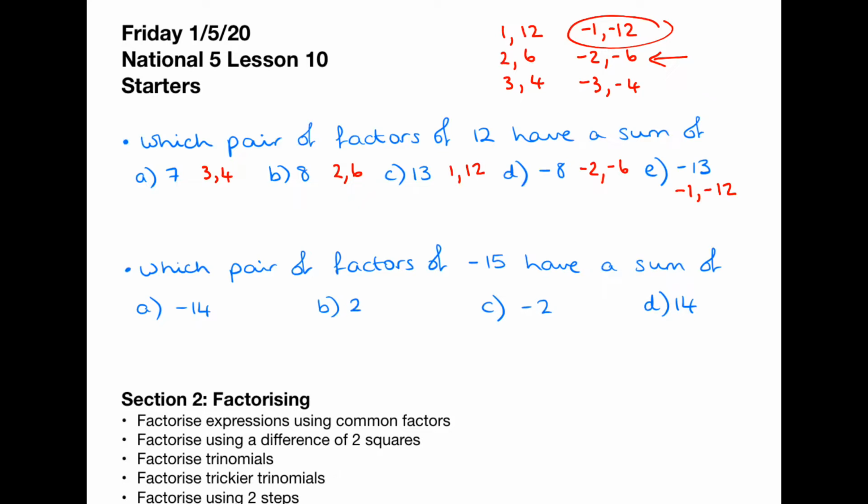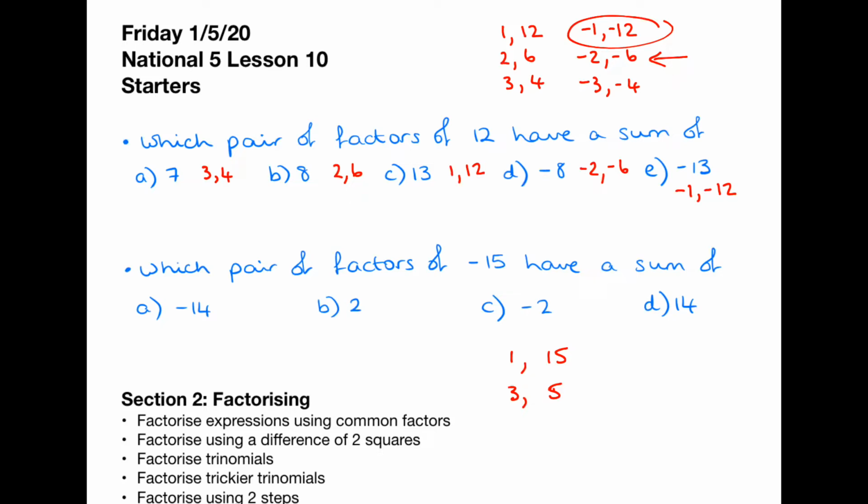Okay? So, on to the second question, similar sort of idea. Which pair of factors of negative 15 have a sum of all those things? So we need to list the factors of negative 15. So let's list the factors of 15 first. Now we've only got two pairs of factors for 15. So if we're going to get a negative answer from multiplying two numbers together, then it has to be the case that the signs don't match.